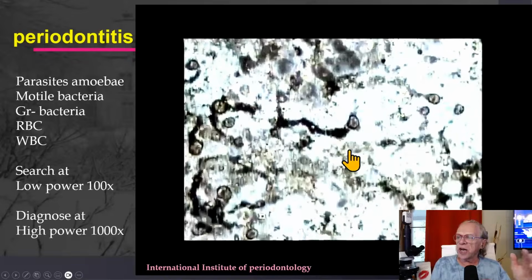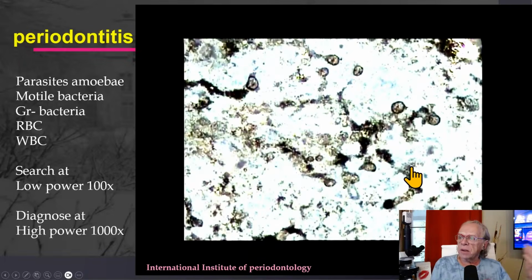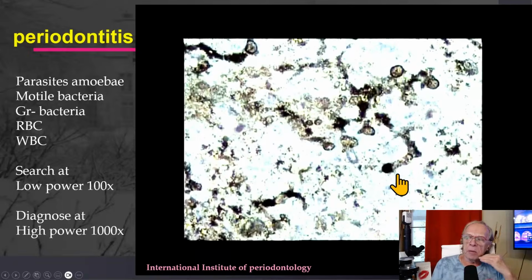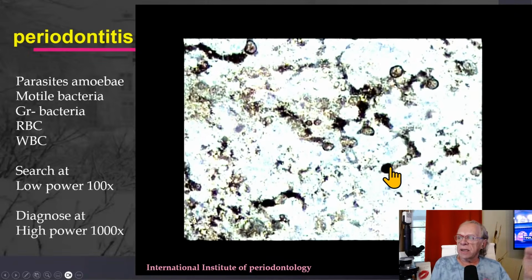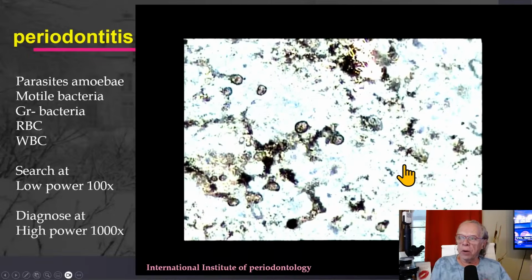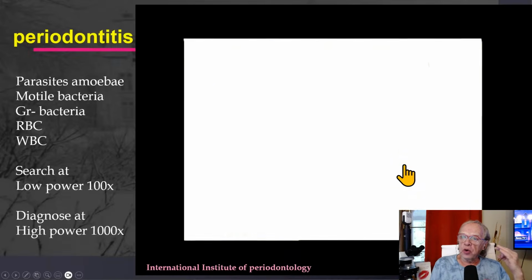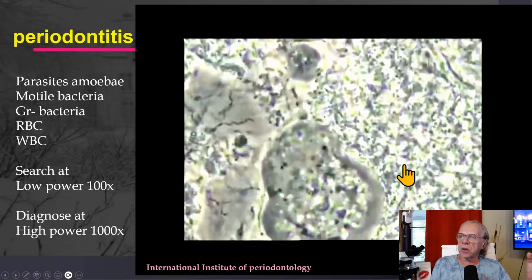So you see the channels. This is the displacement within dental plaque at the bottom of the sulcus, the diseased sulcus. So it's quite easy to see on low power. And then it's easier to find, and then you confirm your diagnostic with high power.